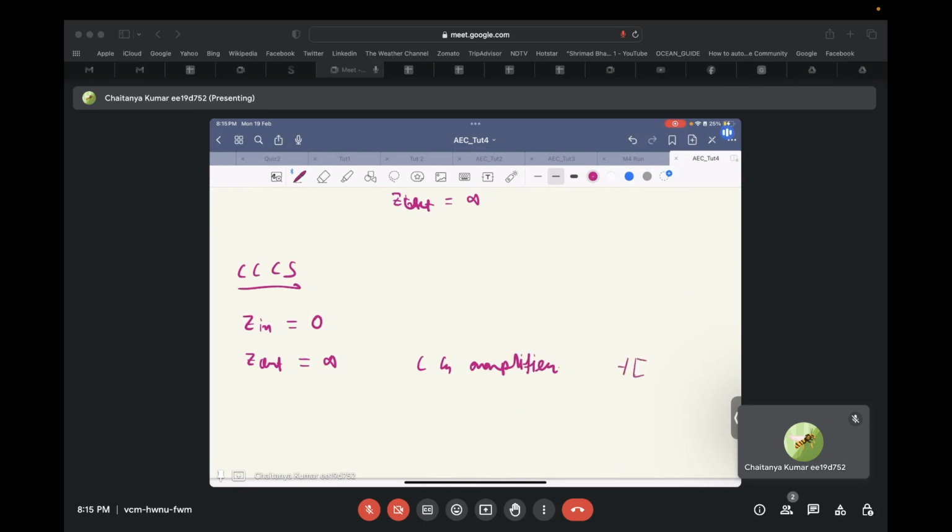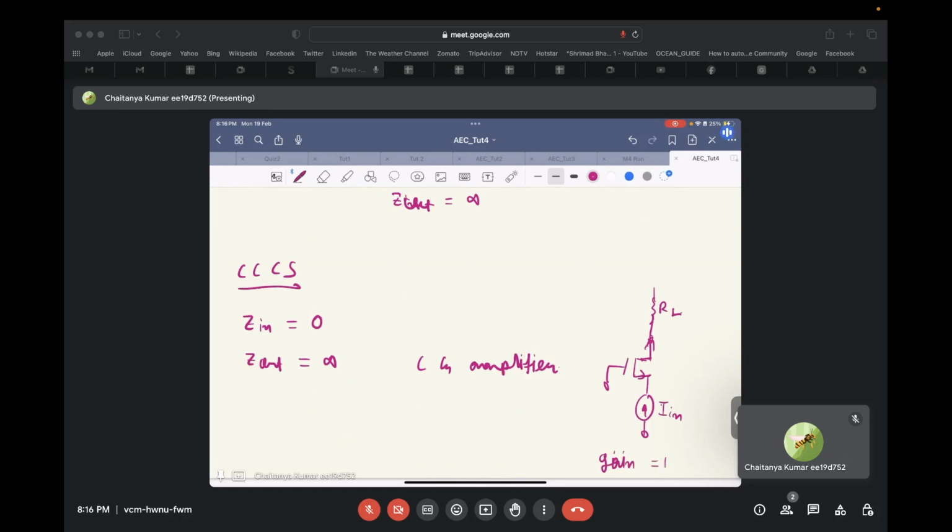The gate is an AC ground. There is a current pushed in as I in over here, and the same current comes out at the output of the transistor drain node. So the gain of this current controlled current source is unity, that is equal to 1.